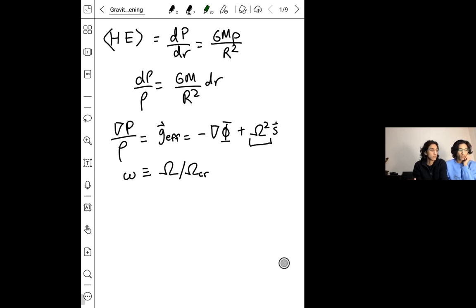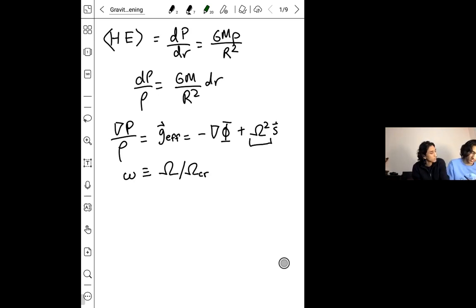And what is the critical rotation rate? It's the velocity at which a star becomes unbound due to rotation. If a star was rotating at this speed, the material at the equator would sort of fly off, or would be marginally bound to the star.